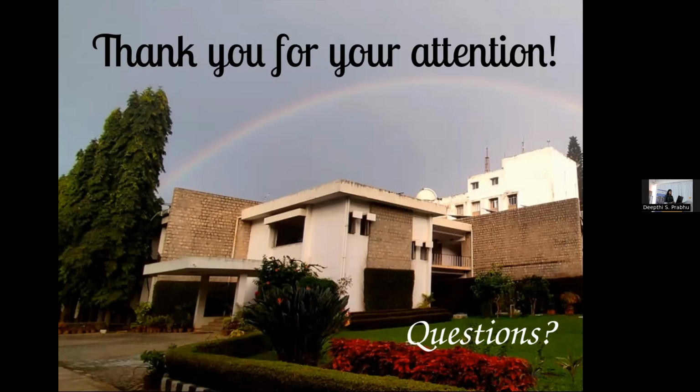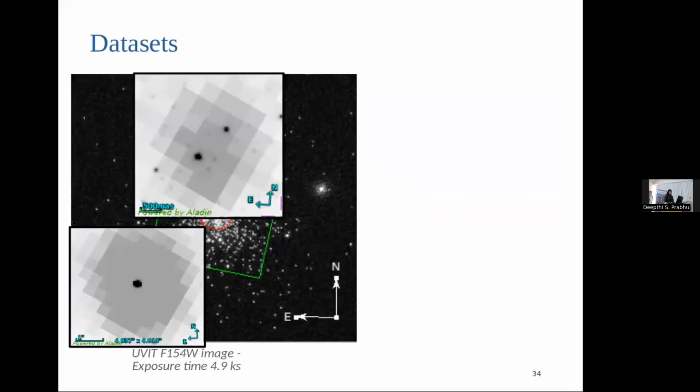Two general questions. So many photometric phases use different data sets, different data resolution, just to get UV. How do you match that? Yes, so I can show you a slide here.